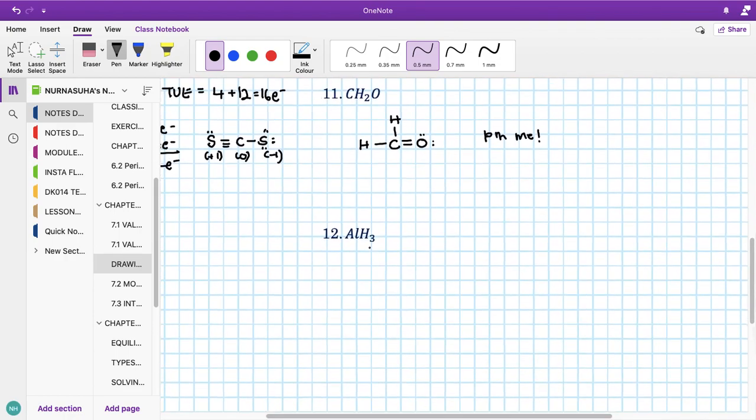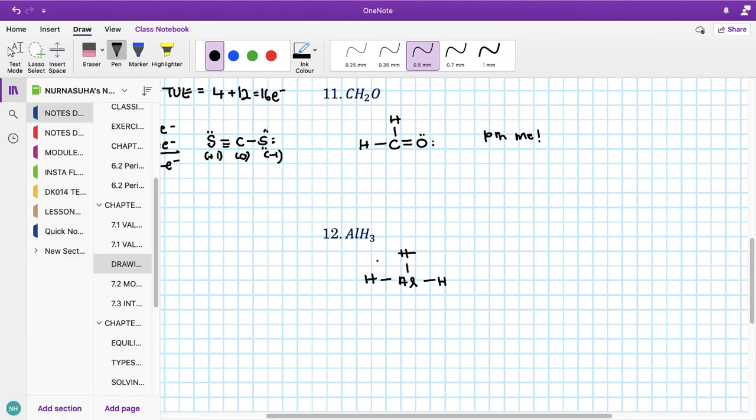Okay, so same goes to aluminium hydride, AlH3. So aluminium surrounded by 3 hydrogen. Okay, so this is the structure for aluminium hydride. Again, if you have any question on how do I get this formula, this structure, please personal message me lah.